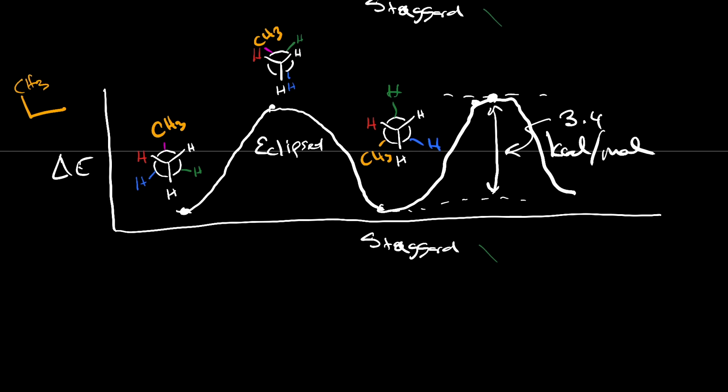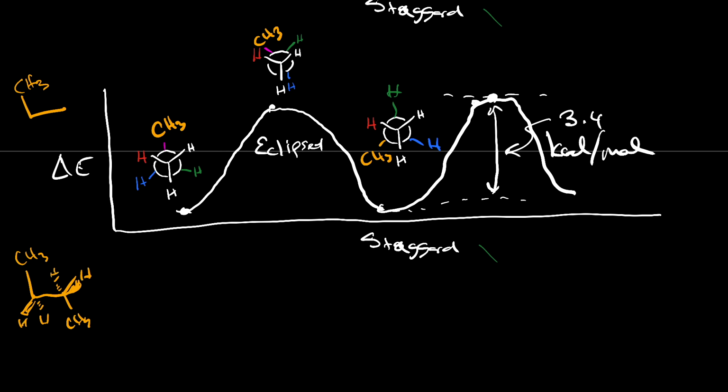Now, things become a little bit more interesting, right, with larger systems. So a larger system like butane now has a slightly more complicated energy landscape than before. So you can see, we still have some eclipsing.